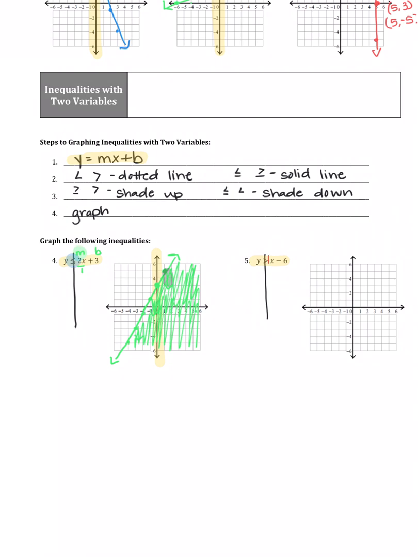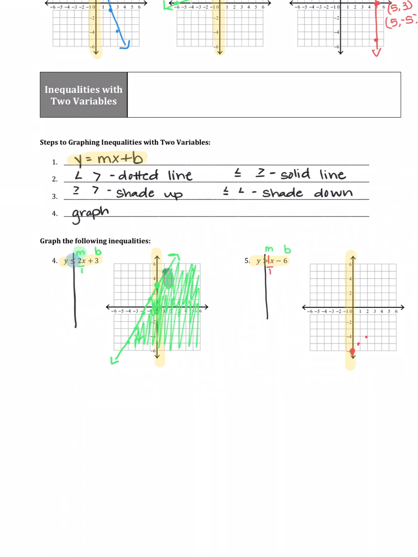So y is greater than 1x minus 6. My m is this first one, and my b is here. My b is negative 6, and that's where I'm going to start on the y-axis. So I'm going to put a dot on negative 6. And if there's no number under that 1, it's a 1. So I'm going up 1 to the right 1.